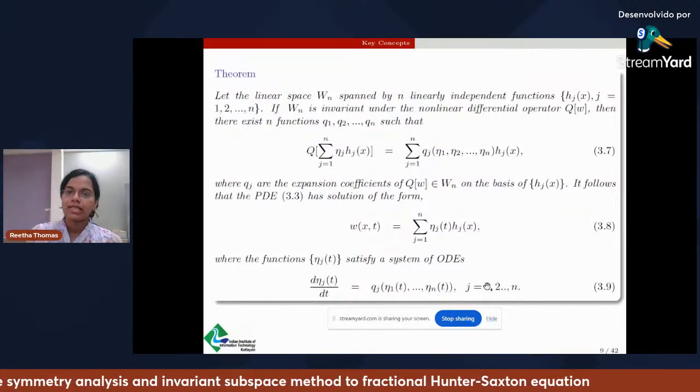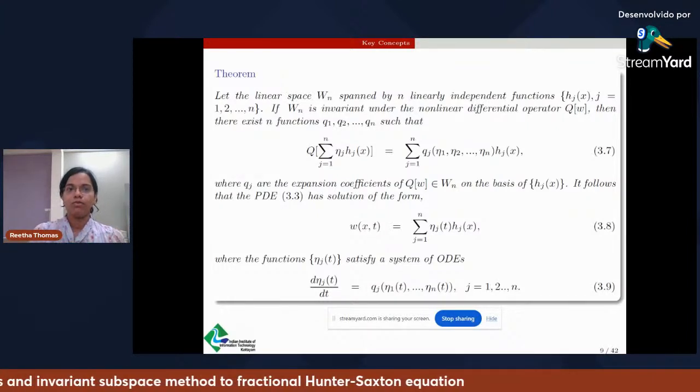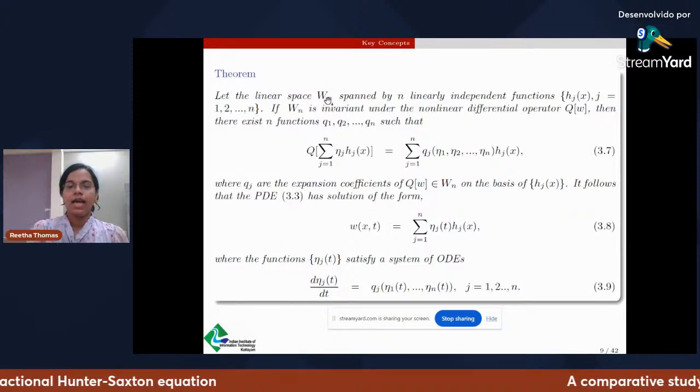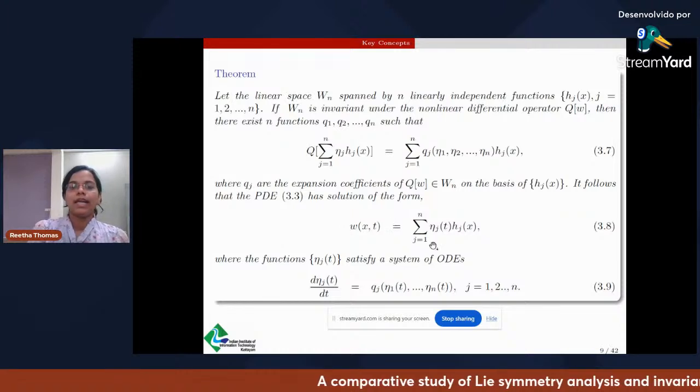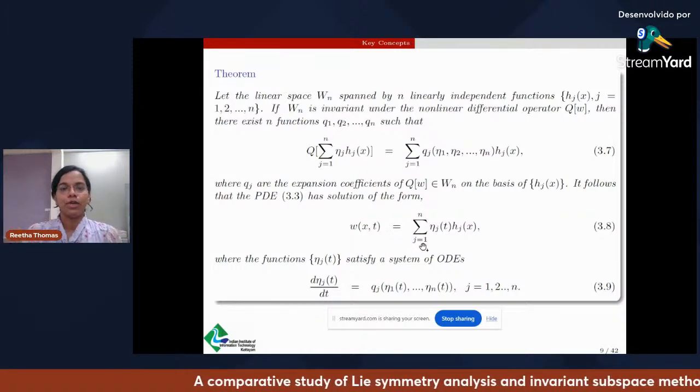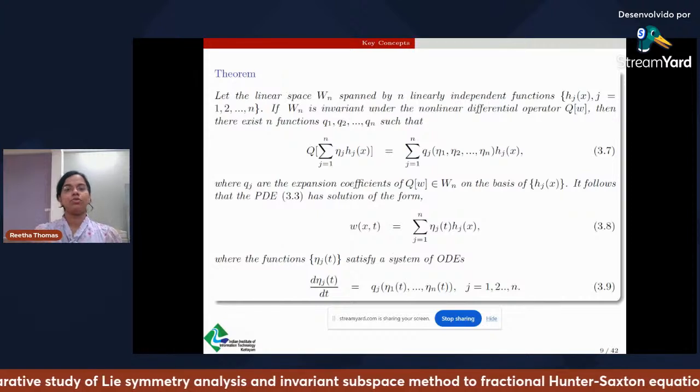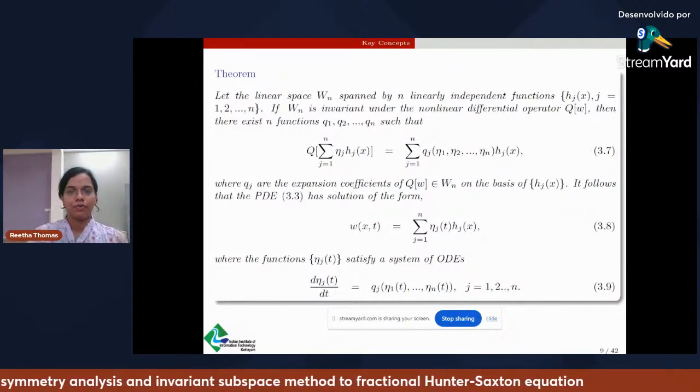That is, in the previous slide we discussed, we found an invariant subspace Wn, and we can represent the solution of the PDE in the separable form 3.8, that is W(x,t) equal to summation j equal to 1 to n of eta j Hj of x.